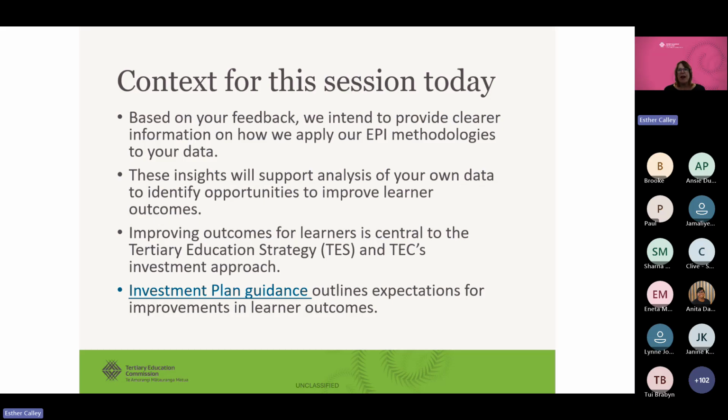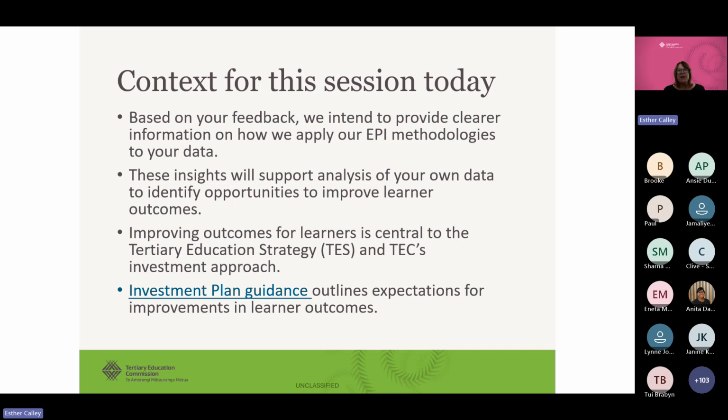Achieving sector-wide improvements in educational outcomes is central to the tertiary education strategy and obviously to our investment approach, and the TES talks to those priority areas of improved learner achievement, access and participation.